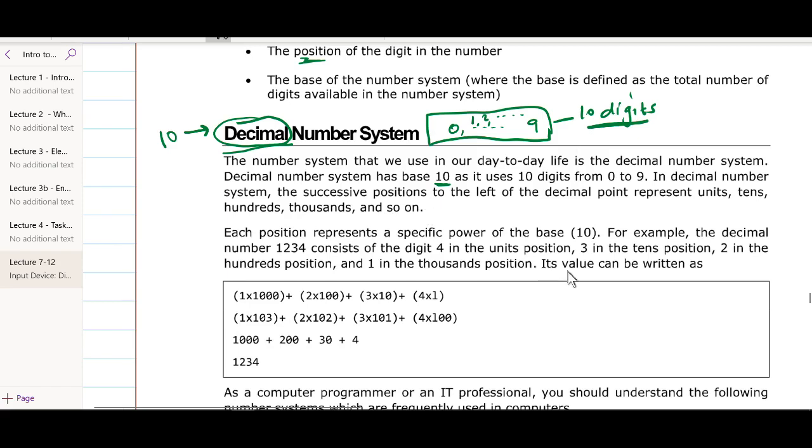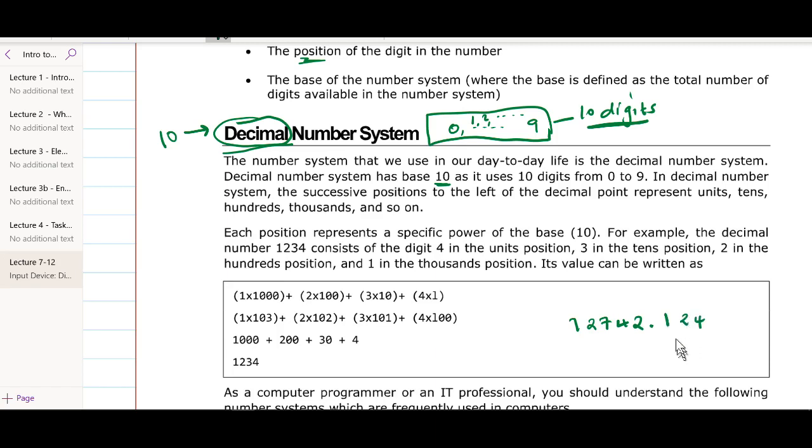This is a concept that you remember you learned very early in your elementary school, where we say that if we have 127.52, you are told that there is a decimal point here, and it has some decimals to the right.